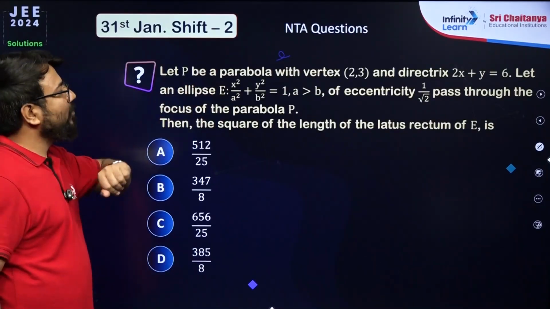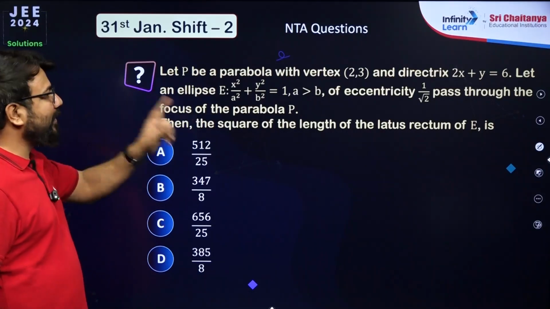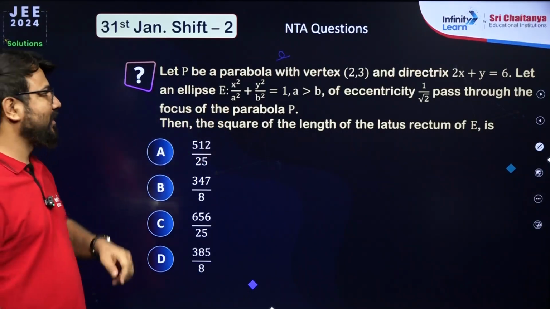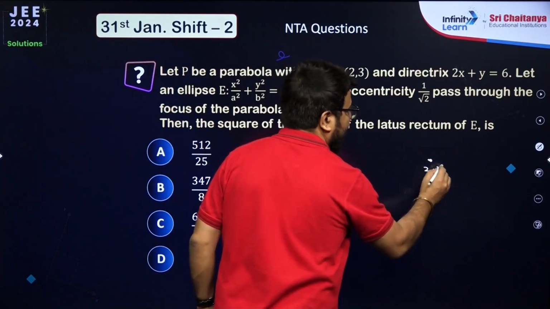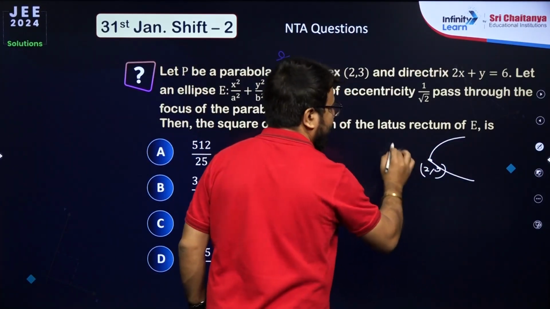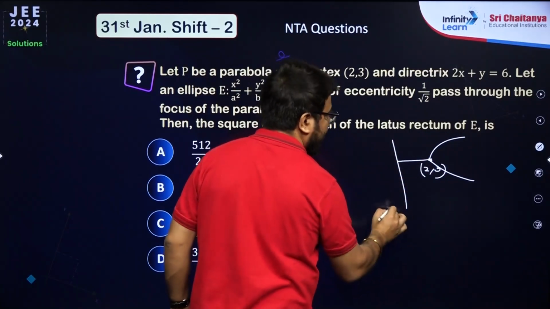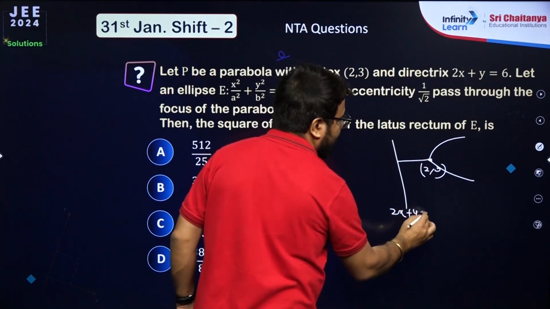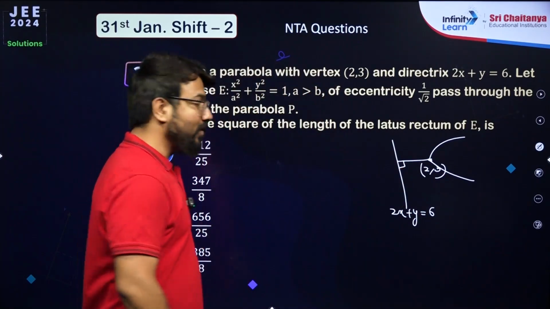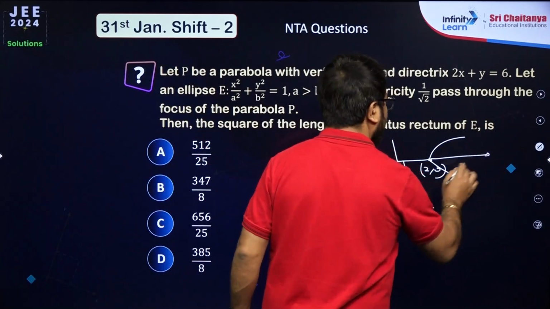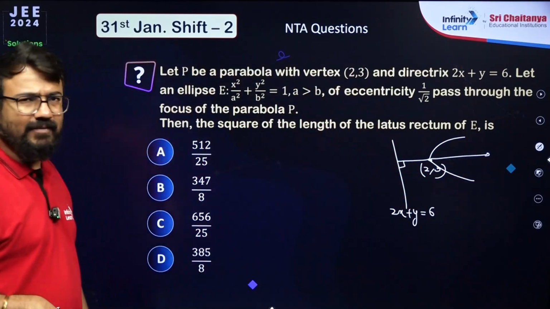Let P be the parabola with the vertex 2, 3 and the directrix 2x plus y equals 6. So we have a vertex as 2, 3. This is a parabola, for example, and this is a directrix with the equation 2x plus y equals 6. Can I drop the perpendicular from the vertex so as to get the foot on the directrix? Yes, I can easily find that.